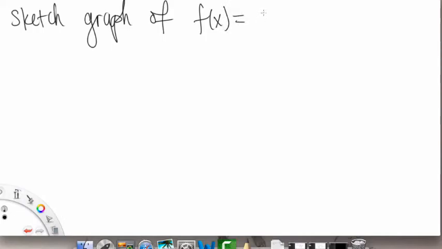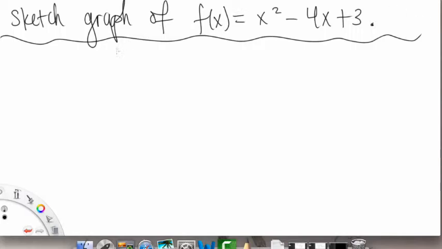We're going to sketch the graph of f of x equals x squared minus 4x plus 3. This is a pretty simple one. First, we gather as much information as we can about the first and second derivatives. Our first derivative is 2x minus 4.